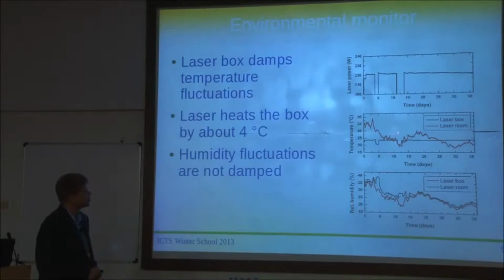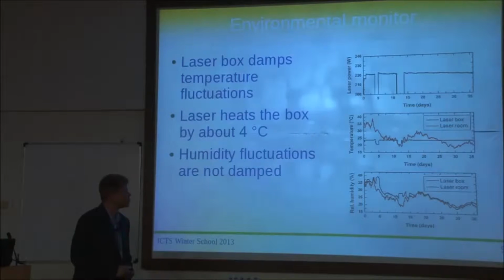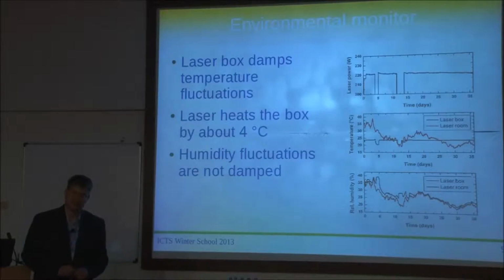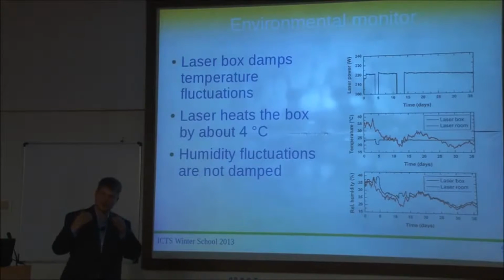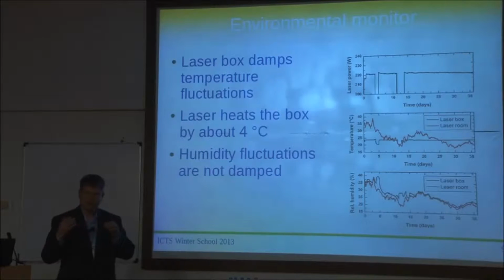And if you look at the temperature in the room where the laser was placed and inside the laser box, you can see that there's really a strong damping. So the temperature in the laser box was always kept at around 25 degrees Celsius. We were a bit worried that things might warm up. We were thinking about some specially shaped hood for that, such that you build up some sort of convection cooling for that laser.